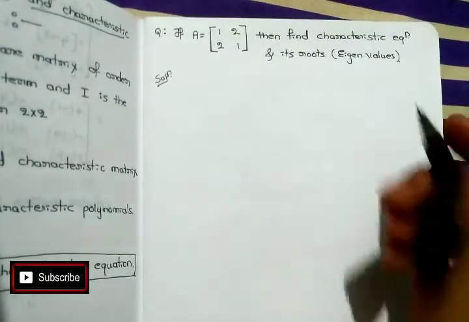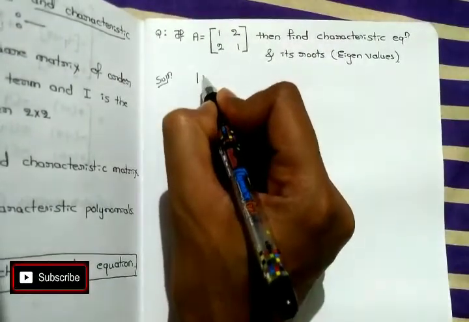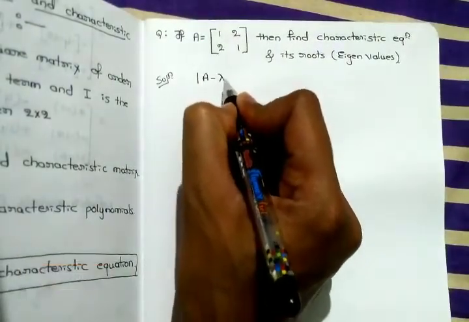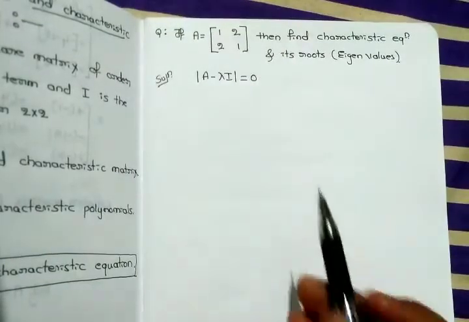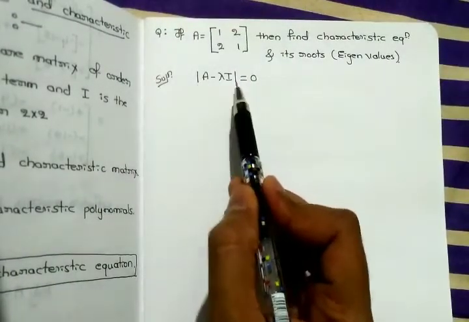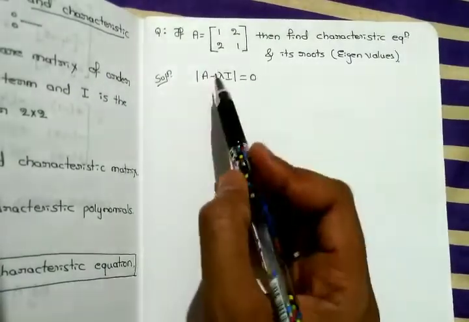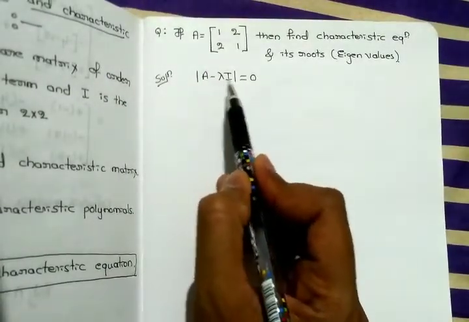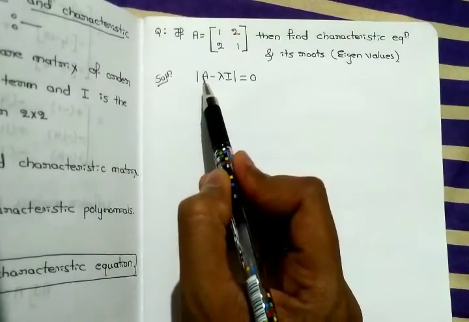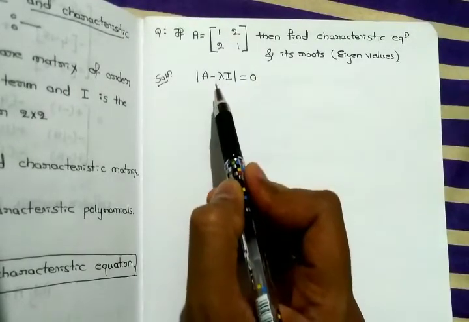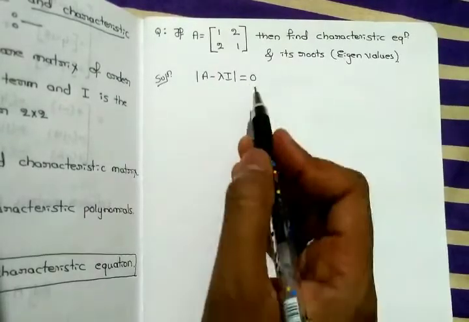To find the characteristic equation, we use the formula determinant of A minus lambda I equals to 0. But we don't know this inside value, A minus lambda I. So first we find the A minus lambda I value.